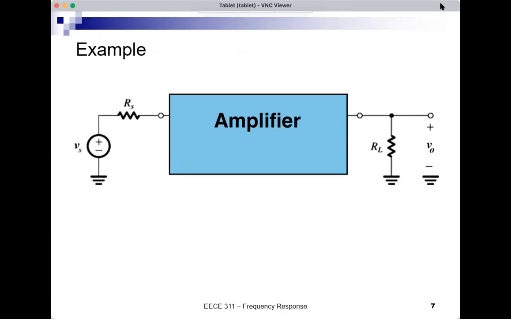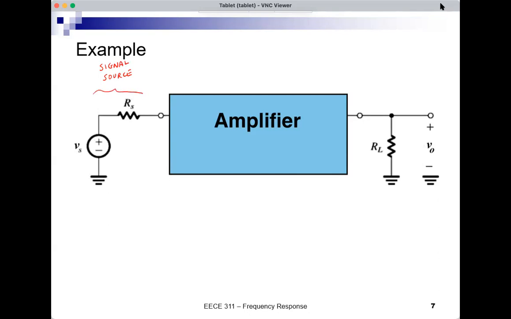So let's start with a very simple case. Just take a very simple amplifier with a source and a load. So here's my source. Okay, signal source, not MOSFET source, signal source. VS and RS, so that's the Thevenin equivalent of a signal source.